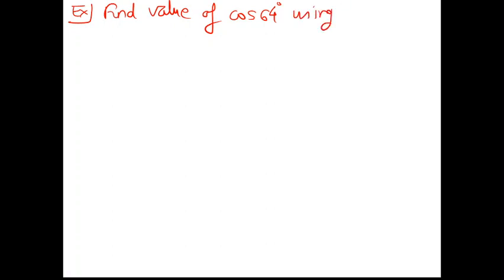It is asked: find the value of cos of 64 degree using Taylor's theorem. So how can it be done?